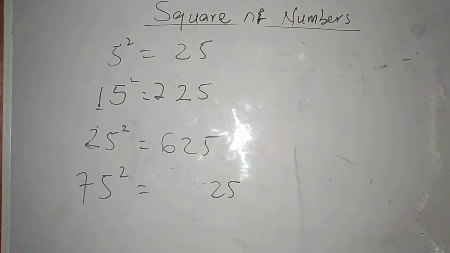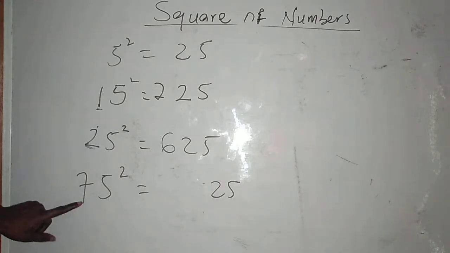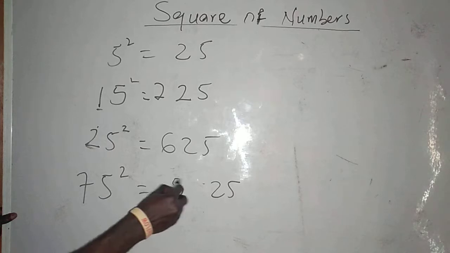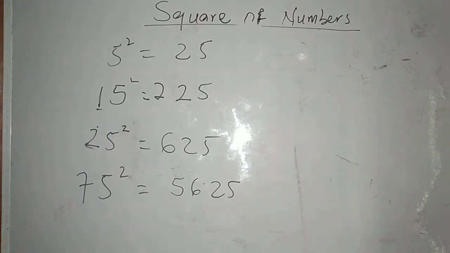The number will be 7 times 8. 7 times 8 is 56. So 5,625. That is my final answer. And so on and so forth.